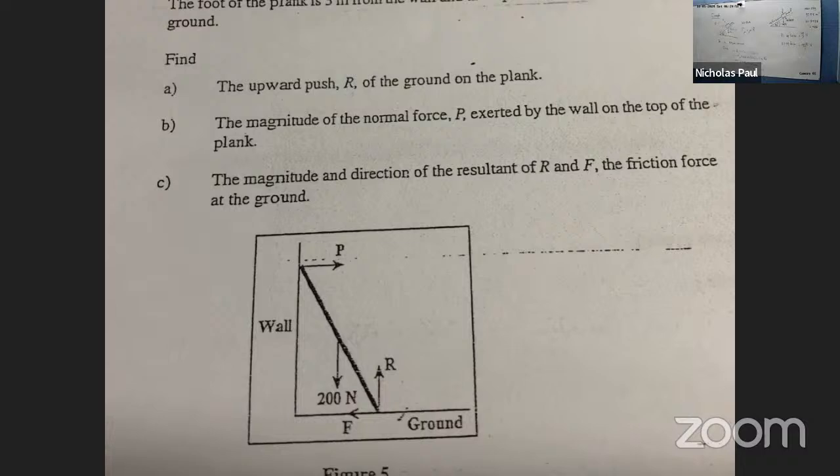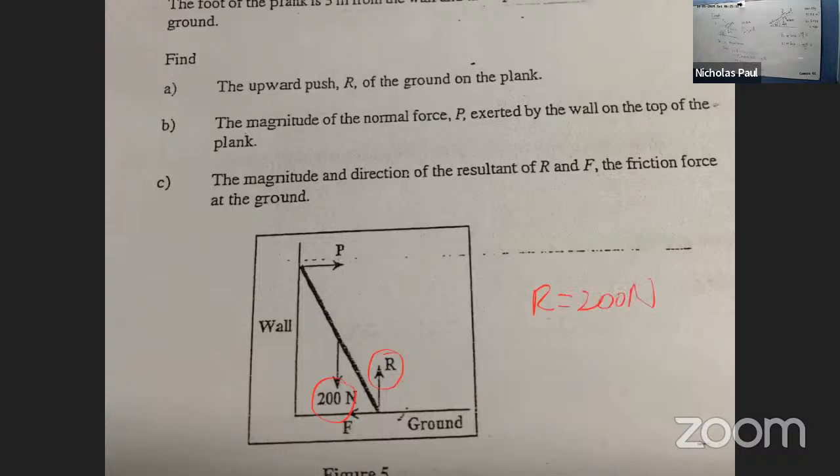How are we getting R? It's in equilibrium, right? Downward equal to upward, excellent. Right, very good. So upward equal to downward. So R is 200.